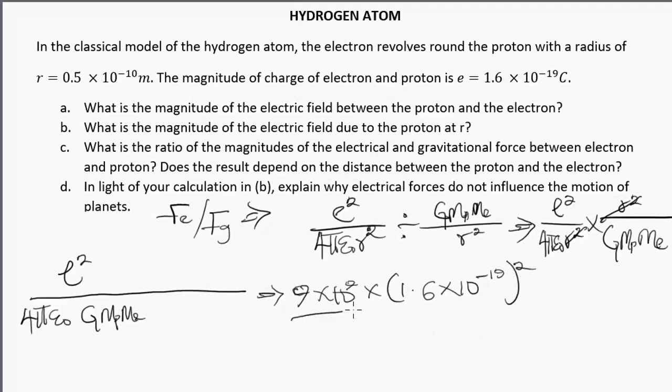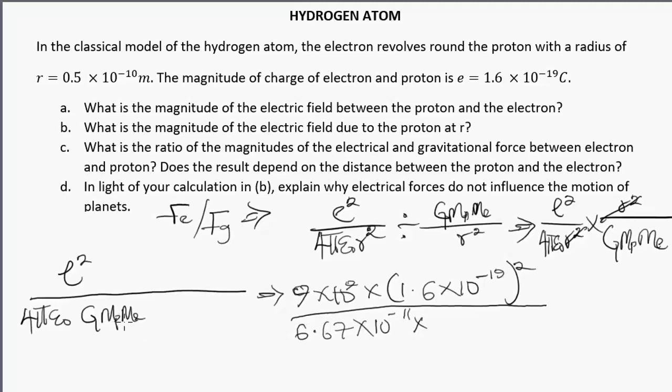And then this is divided by G, which is the gravitational constant, and we know this to be 6.67 times 10 to the power of minus 11.